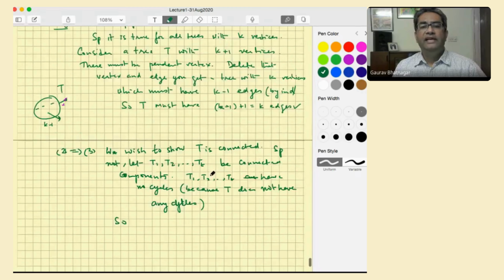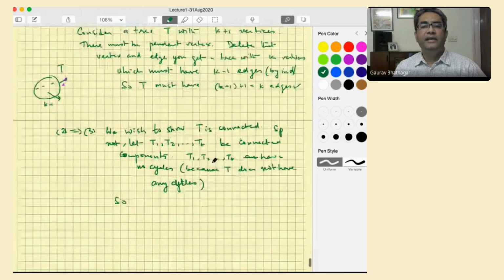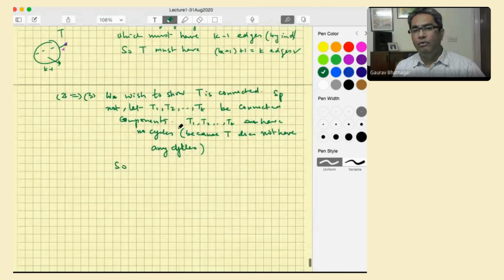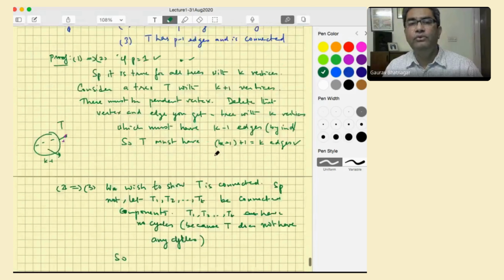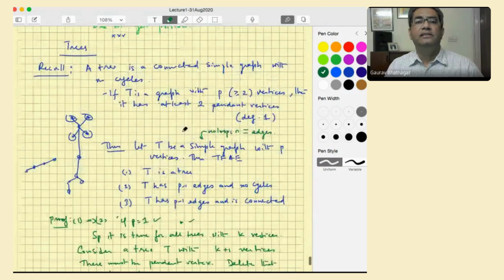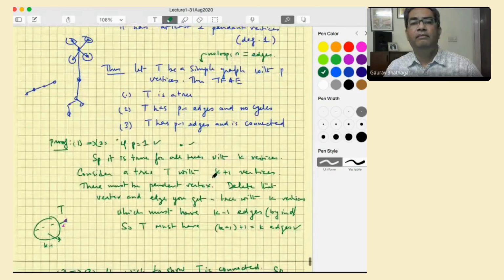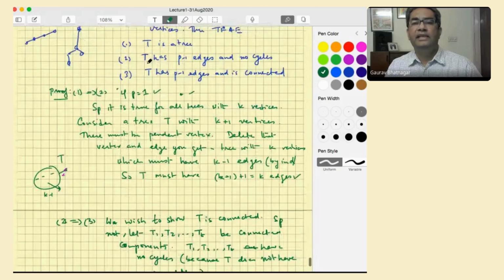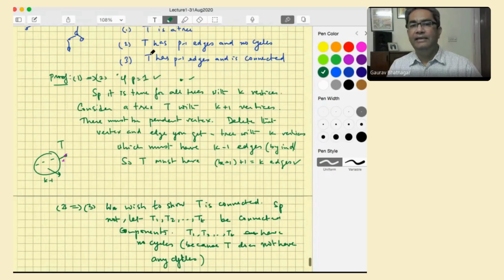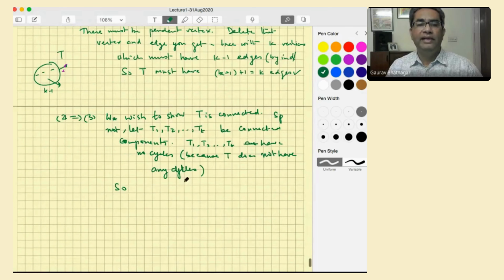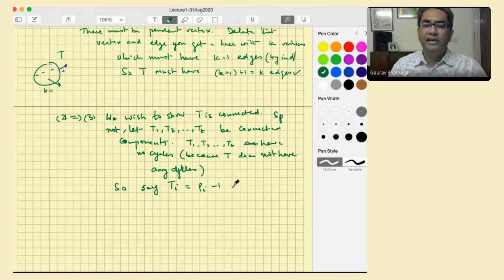So all these guys T1, T2, T3 are the connected components. So they are connected with no cycles. So basically they are trees, and therefore by part 2 they have, let's say, Pi minus 1 edges.